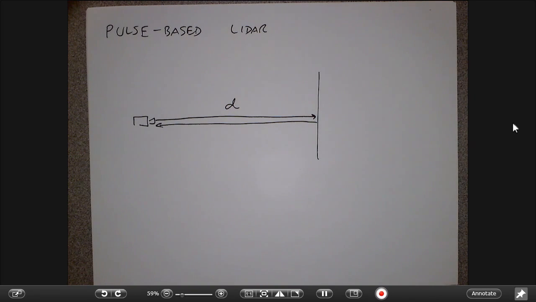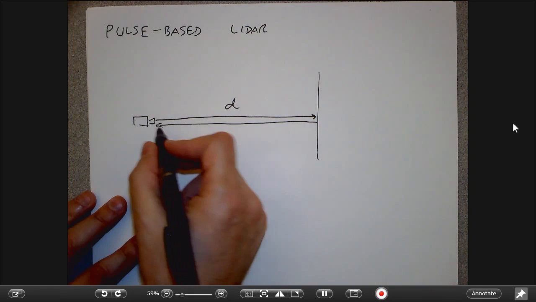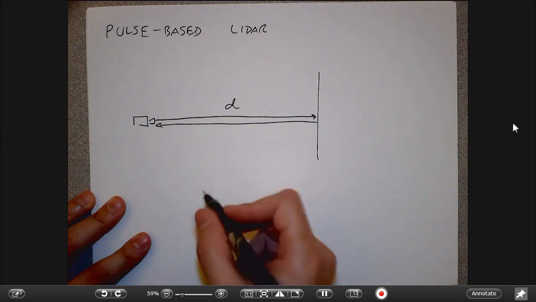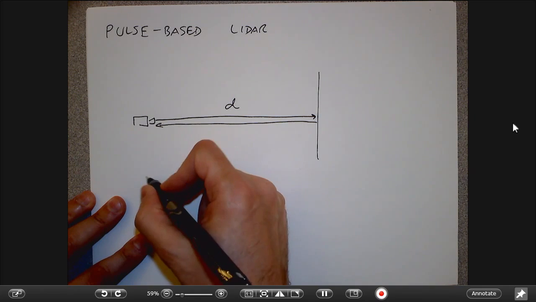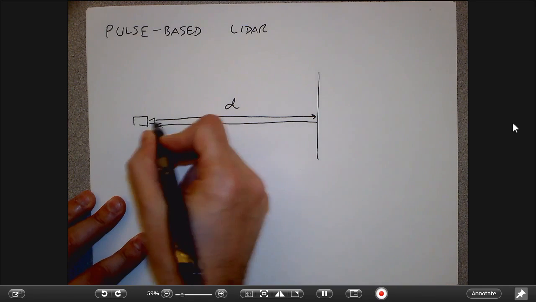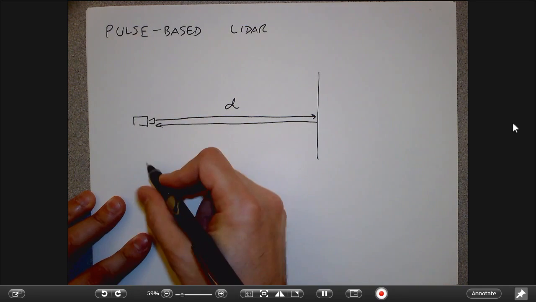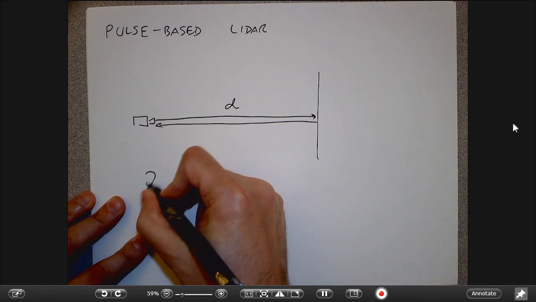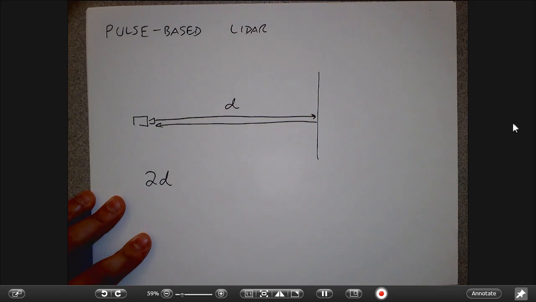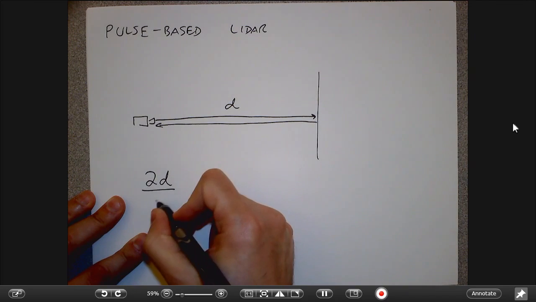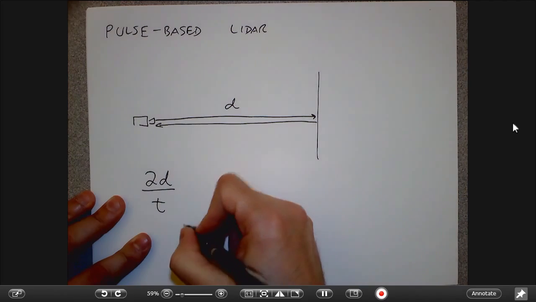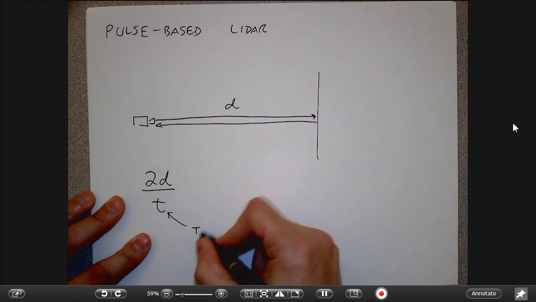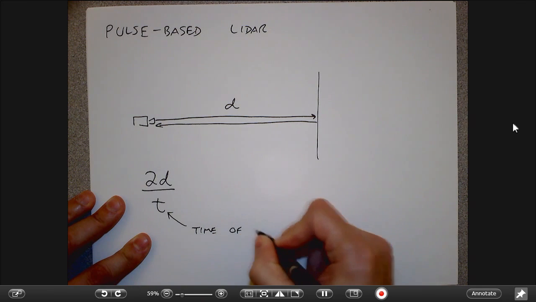Because I'm shooting a pulse of light out, I can measure the time that it took this light to come back to the scanner. So I have a pulse that traveled a distance of 2d. It took t units of time, and this is what we call the time of flight of the pulse.